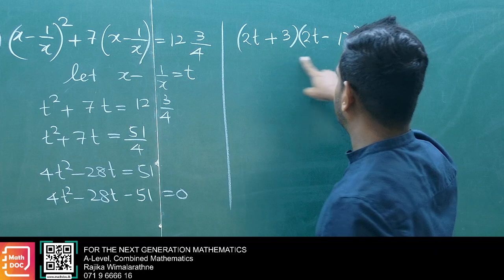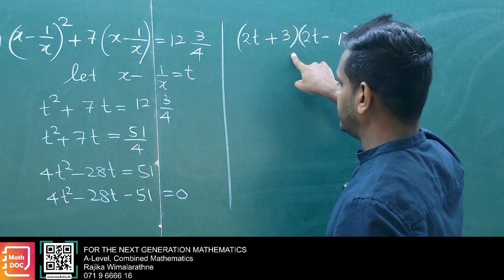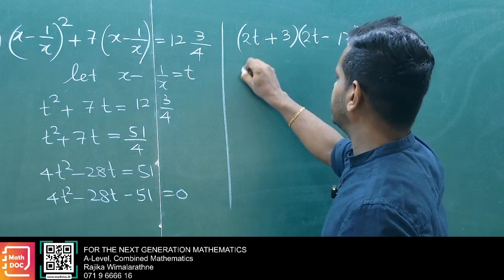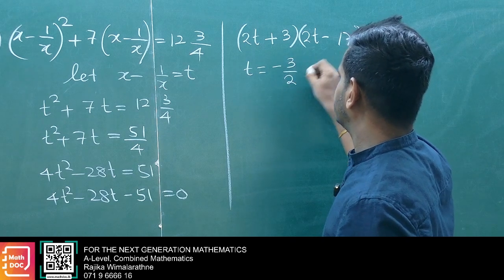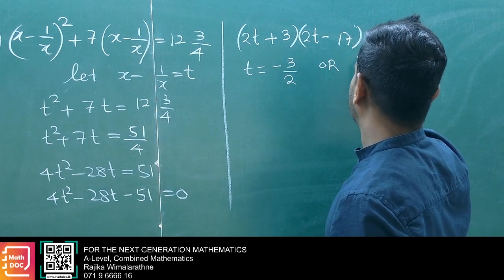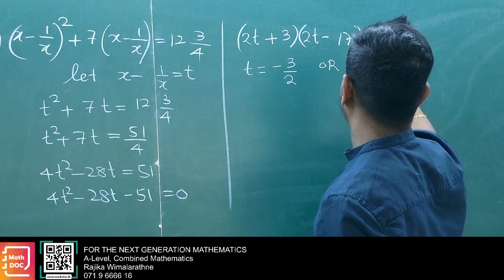Then t equals minus 3 over 2 or t equals 17 over 2.